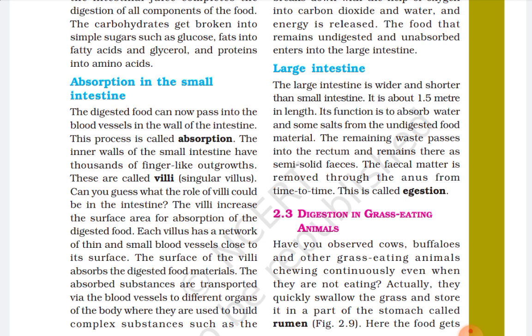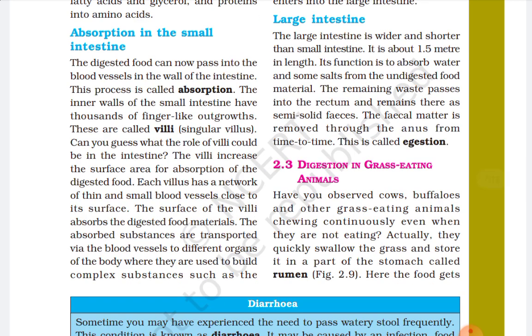Its function is to absorb water and some salt from the undigested food material. The remaining waste passes through the rectum and remains there as semi-solid feces, and the fecal matter is removed through the anus from time to time.